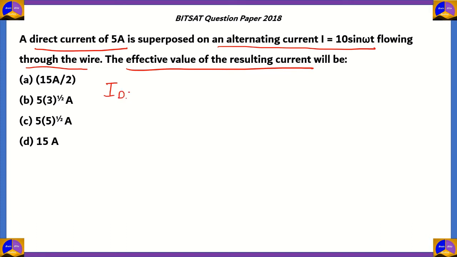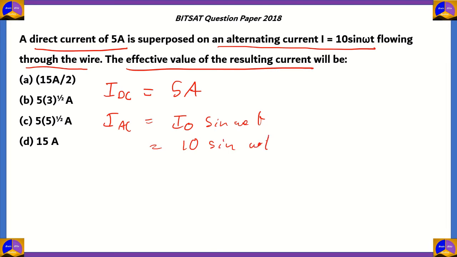So the current which is DC, the direct current, is given as 5 amperes, and the alternating current has the equation I naught sine omega t. So in this case, that is 10 sine omega t. So that follows that I naught, that is the peak value of current, is equal to 10 amperes.